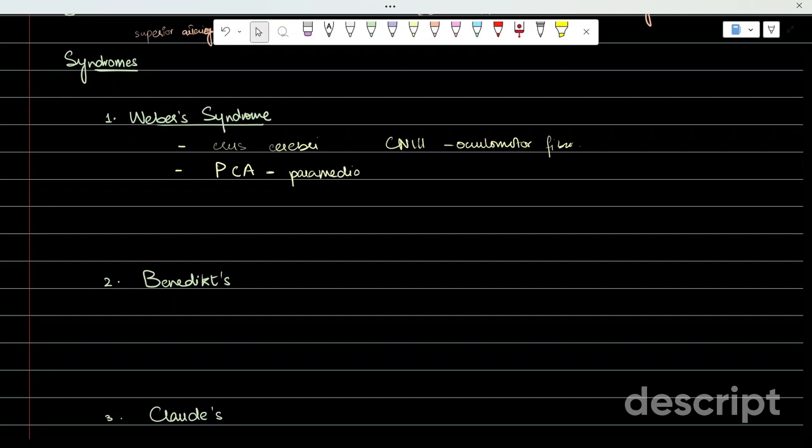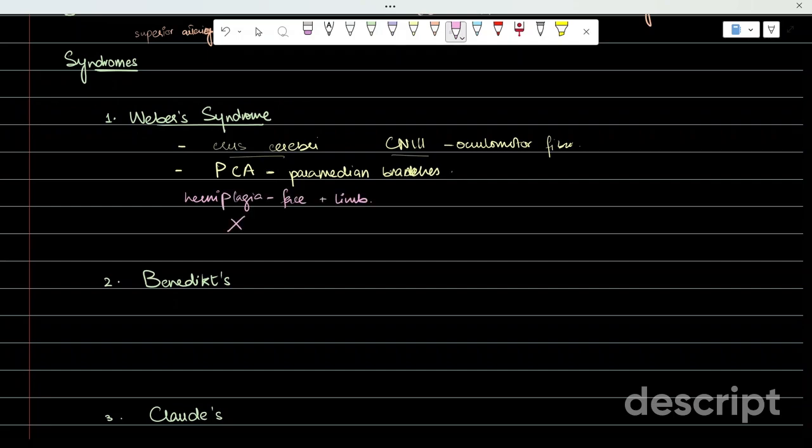So if there is any occlusion or stroke or any infarction due to paramedian branches of posterior cerebral artery, it will result in the lesion in crus cerebri and cranial nerve 3 fibers, resulting in Weber syndrome. So crus cerebri, as I mentioned, contains the corticospinal, corticobulbar tract, and the lesion will result in hemiplegia of the face and limb.